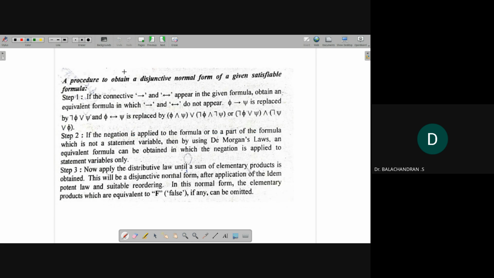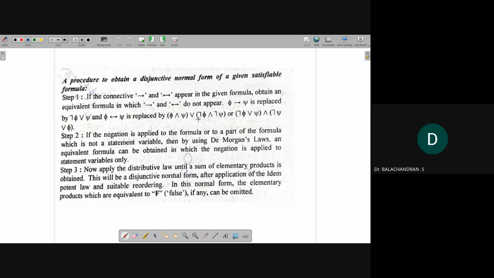So the procedure to obtain a DNF, they gave here only DNF. Similarly, you can give the procedure for CNF also. First, we should remove these two connectives in the formula. Suppose you have phi implies psi, it should be replaced by negation phi or psi. Phi biconditional psi, you can replace by either this relation or this relation.